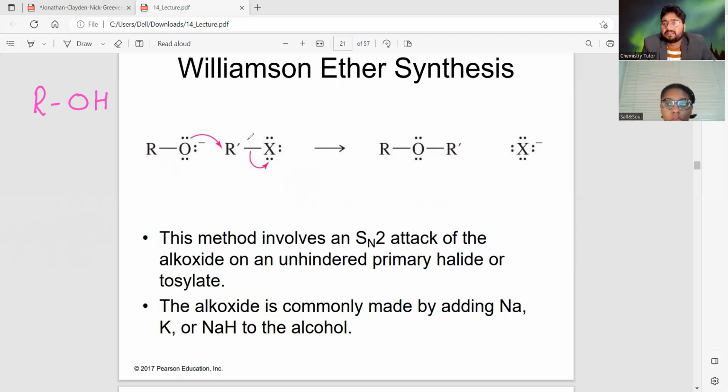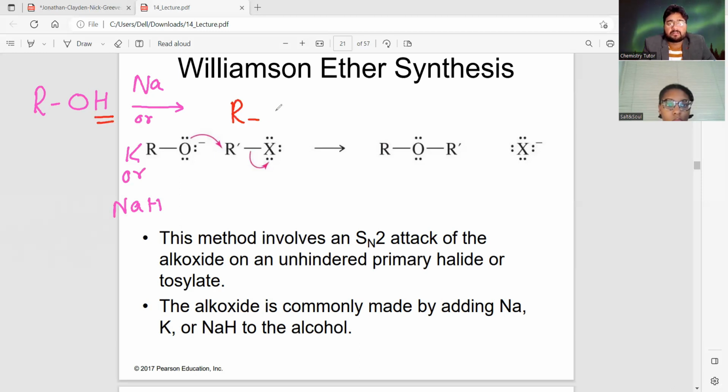If I react this alcohol with sodium, or potassium, or sodium hydride, what will happen? This hydrogen is removed, and I will get this compound, with oxygen carrying a negative charge. This compound is called alkoxide.